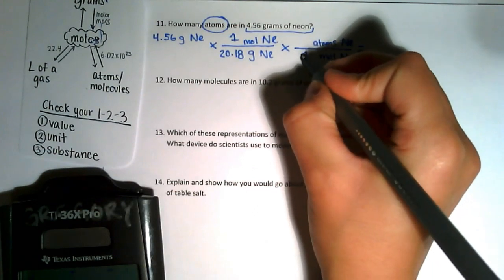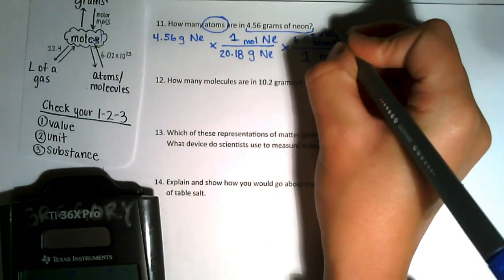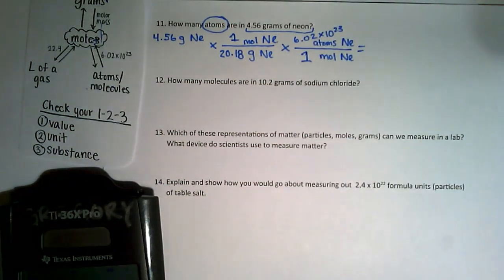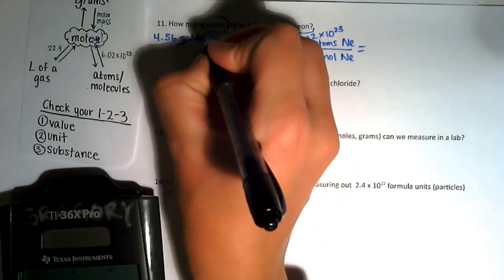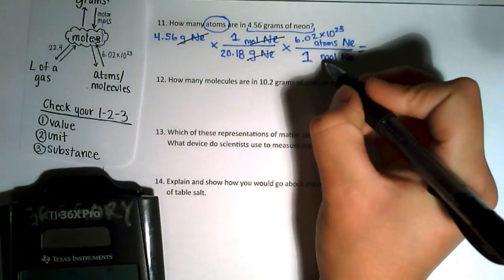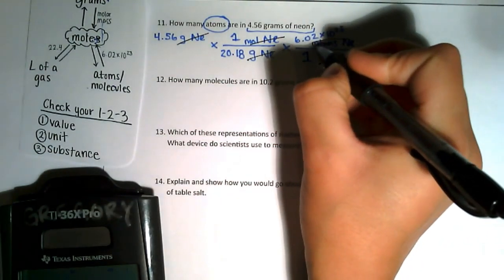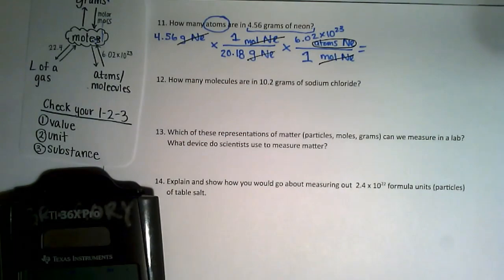So in 1 mole, there are 6.02 times 10 to the 23rd atoms of neon. So now I need to make sure my units cancel. Grams of neon cancels with grams of neon, and moles of neon cancels with moles of neon. So now I'm just going to be left with atoms of neon, which is what I wanted in my problem.